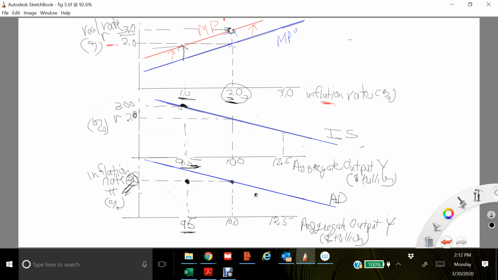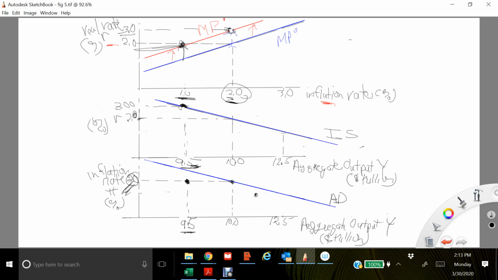If we were at 1% and monetary policy tightened, we would get a point here, real rate, say of around 2, with a real rate of around 2, we might be less than 2.